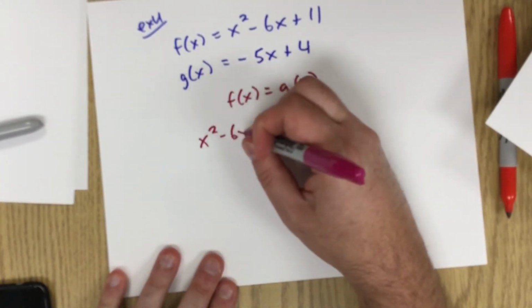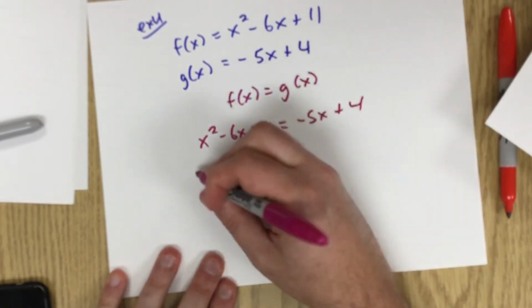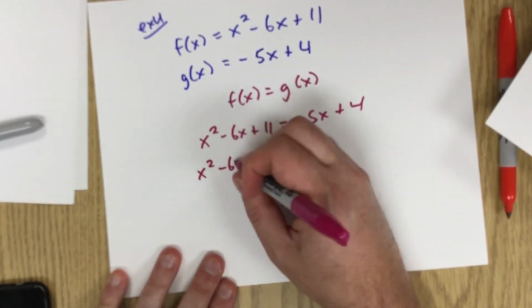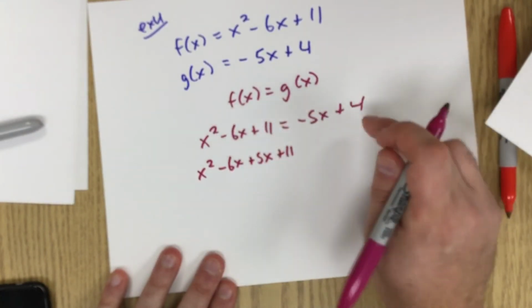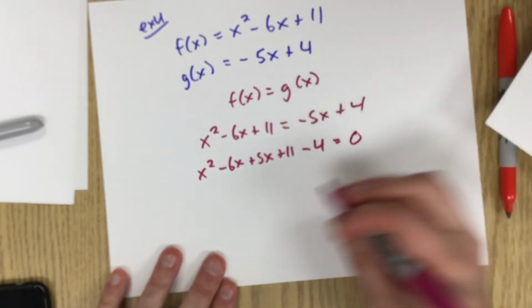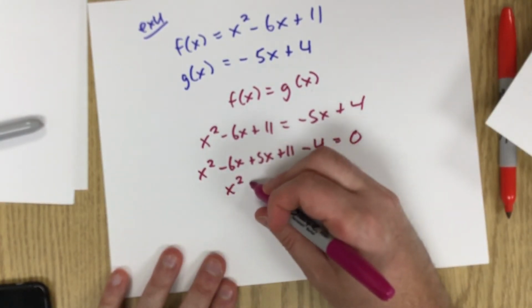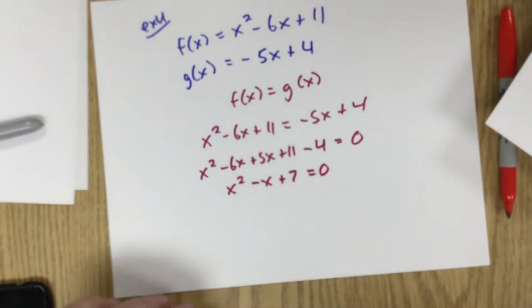So x squared minus 6x plus 11 equals minus 5x plus 4. x squared minus 6x plus 5x plus 11 minus 4 equals 0. x squared minus x plus 7 equals 0.